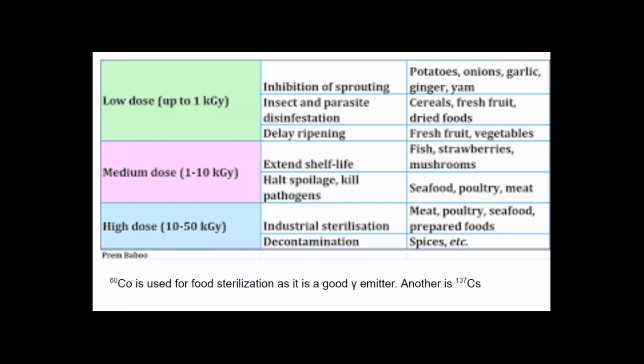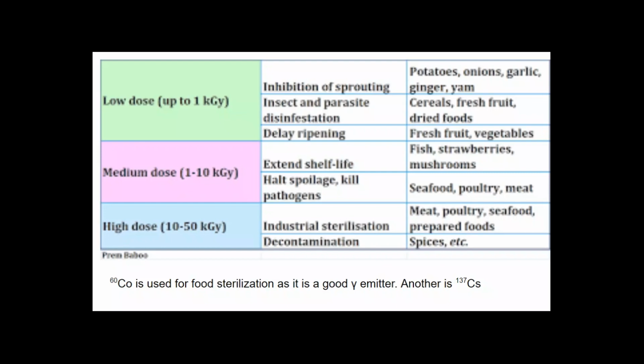It can be used as an insect and parasite disinfectant for cereals, fresh fruit, and dried fruit. And it can delay ripening in fresh fruit and vegetables. A medium dose can extend the shelf life of fish, strawberries, and mushrooms, and halt spoilage that kills pathogens in seafood, poultry, and meat.